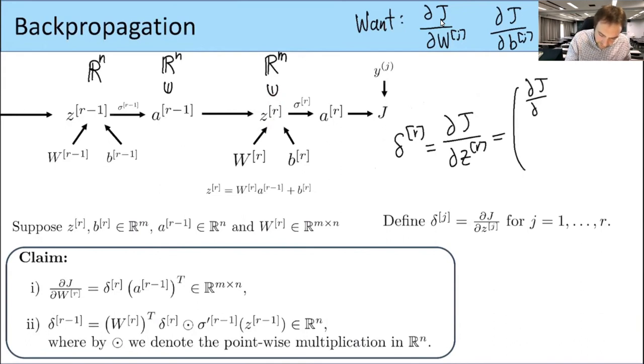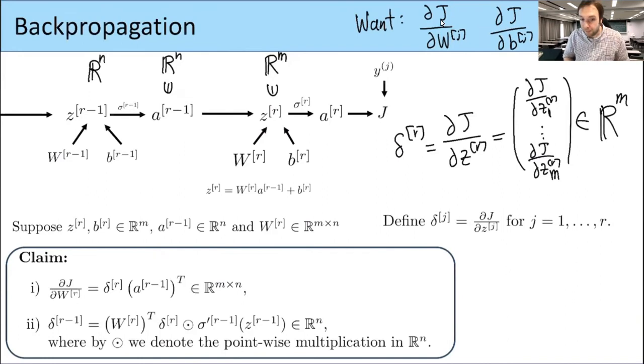The first entry is a cost function where I take the derivative with respect to the variable ZR1, so the first entry of the linear part of the last layer, up to del J del z m R.